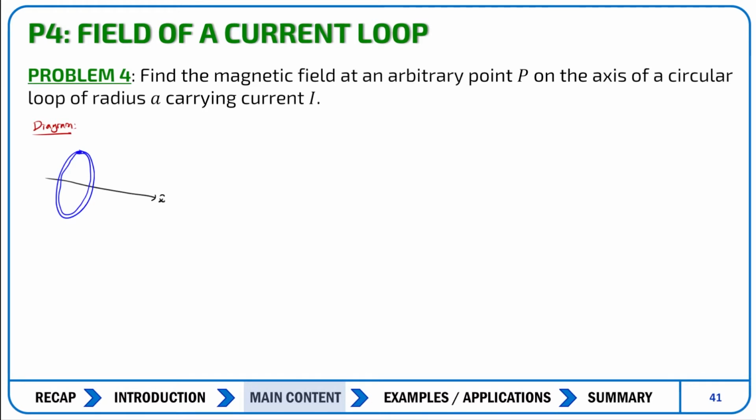We'll just use the top part. And we're going to have to find the magnetic field at an arbitrary point P, we'll say here, on the x-axis. So similar to before, we're going to need to know some kind of relationship from that small piece up top to P. We call this distance r.